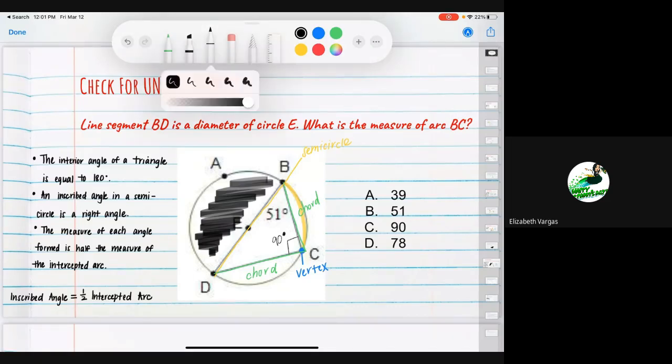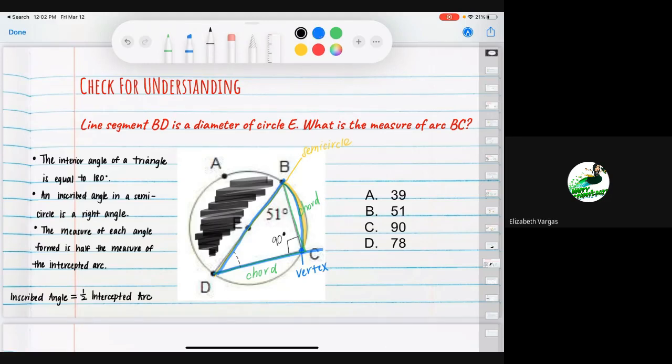Okay, but the information we're looking at is information about our arc BC. And so because we're looking for information about our arc BC, what we want to be looking at is what is the measure of this inscribed angle right here. Why is that? Because its arc is arc BC. This one. And so I want to identify what is the measure of that angle BDC.